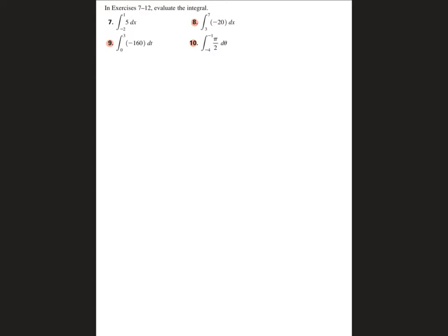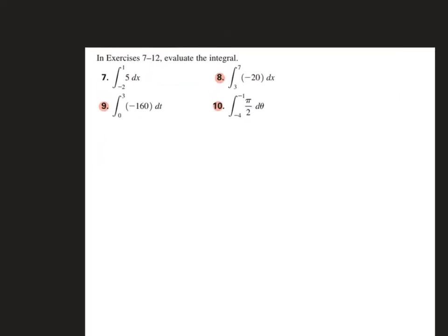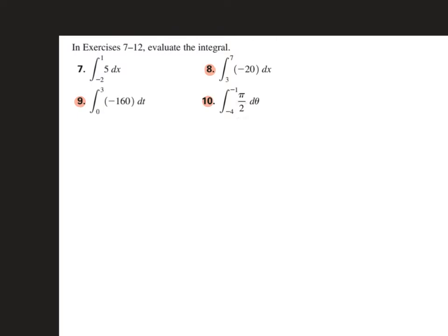Okay, these next ones are just using that kind of formula. So here, I'll put the formula here. Integral from a to b of c dx, where c is some constant, just like all these functions, all these integrals. It's c times b minus a. Okay, for 8, it's c times b minus a.